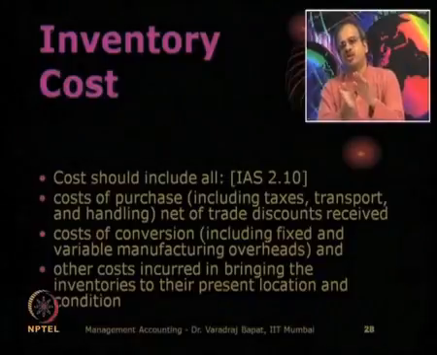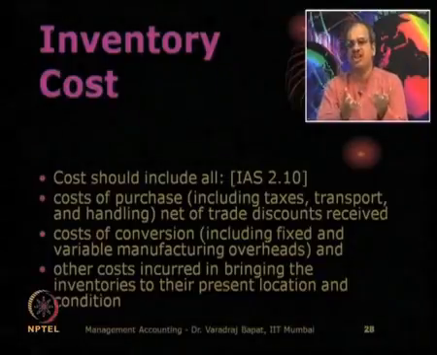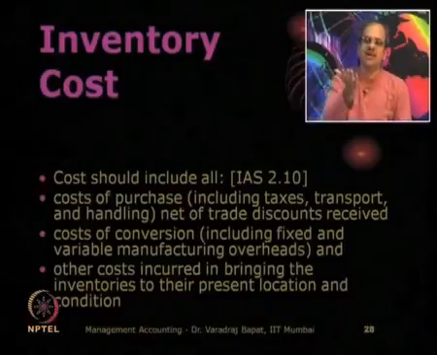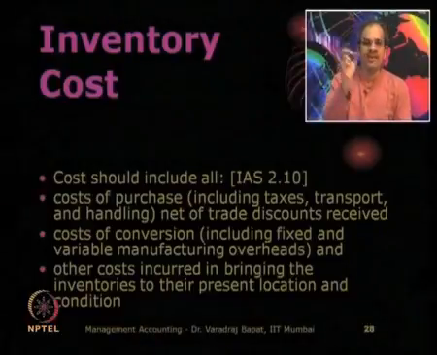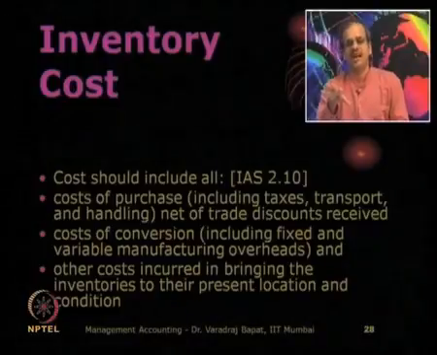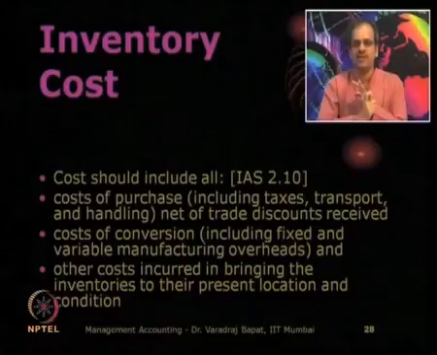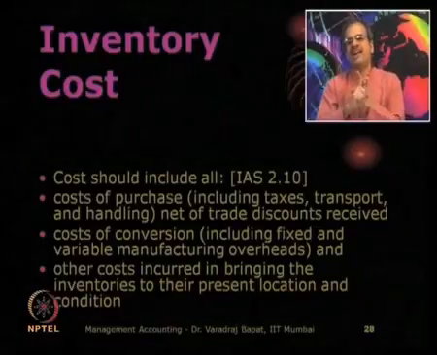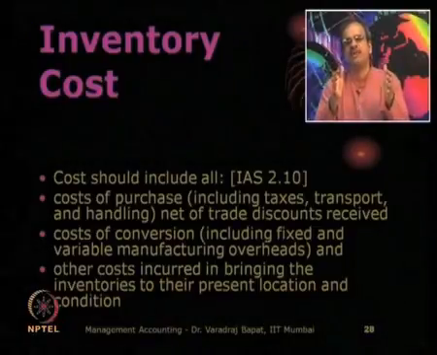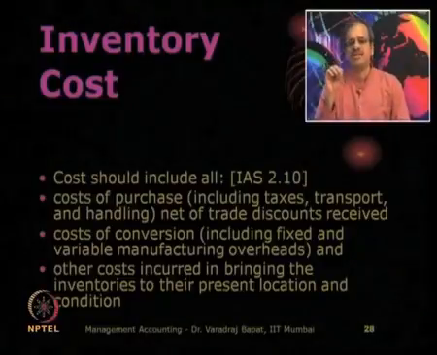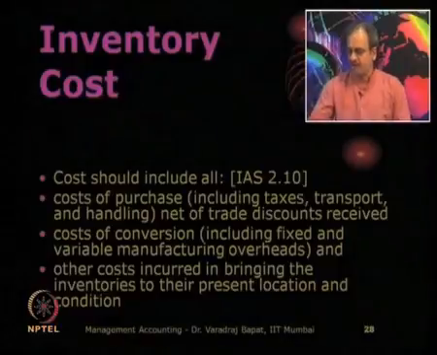You might have done some finishing or you might have applied some attractive packing which increases the cost of the item, that will also be added. That is why all these three components, cost of purchase, the cost of conversion and other related costs, comprise what is known as cost of inventory as per International Accounting Standard 2.10.